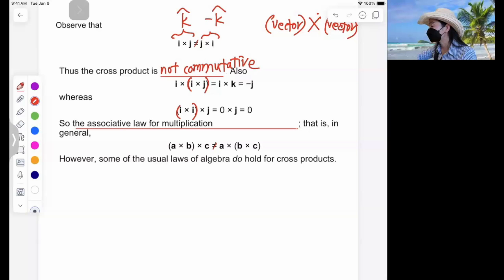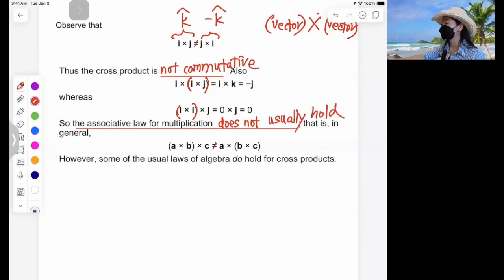The result turns out to be, oh no, not the same. The result is different. So that means it is not associative. The associative law for this does not usually hold. So in general, it's not associative.